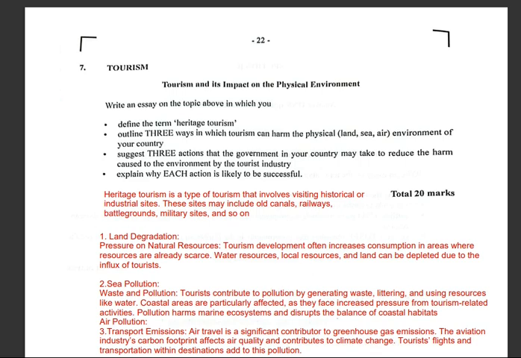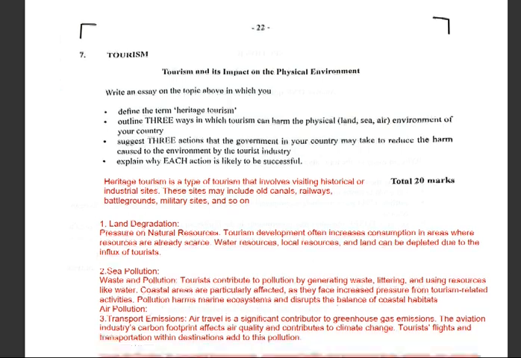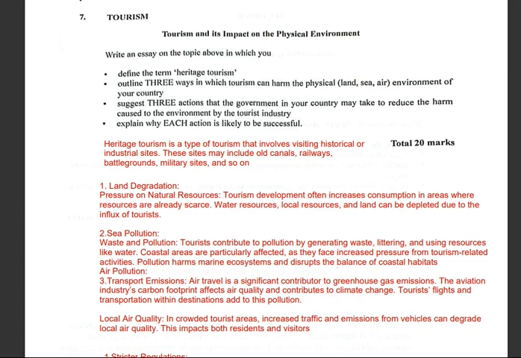Good, moving along. They mention the sea, so the sea would be sea pollution. When we mention pollution, it has to do with waste products, so this would be waste and pollution. Let me explain it for you. Tourists contribute to pollution by generating waste, littering, or using resources like water.